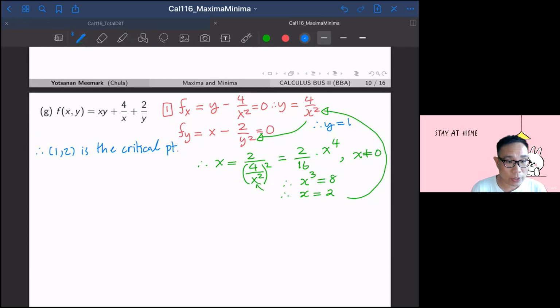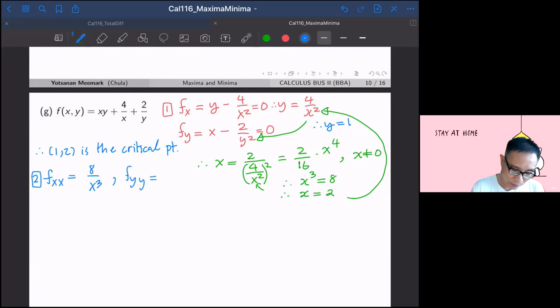Okay, so for the second step, you need to compute the second derivative fxx. Fxx for me is going to be 8 over x cubed. Okay, so that will be fxx.